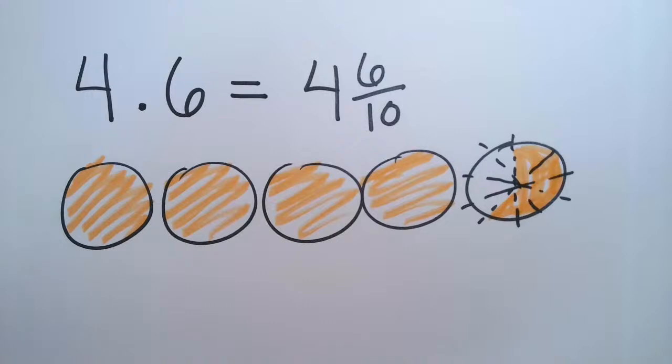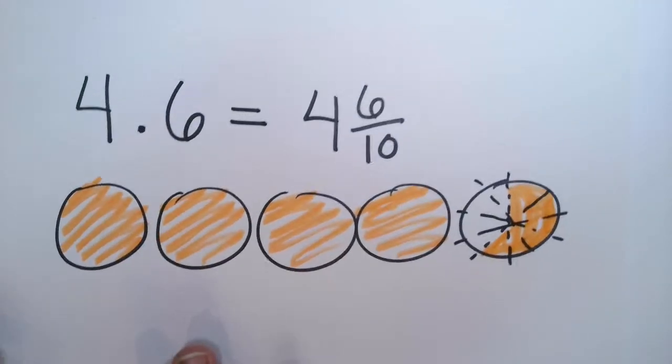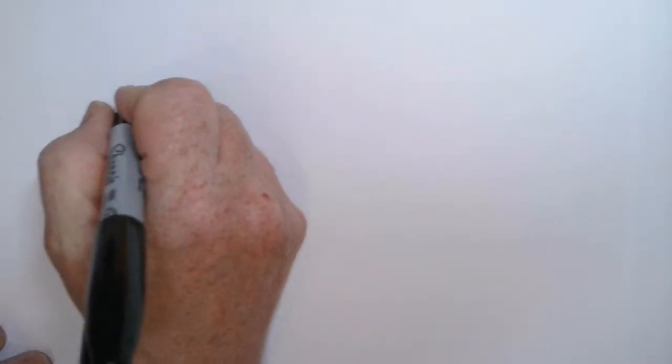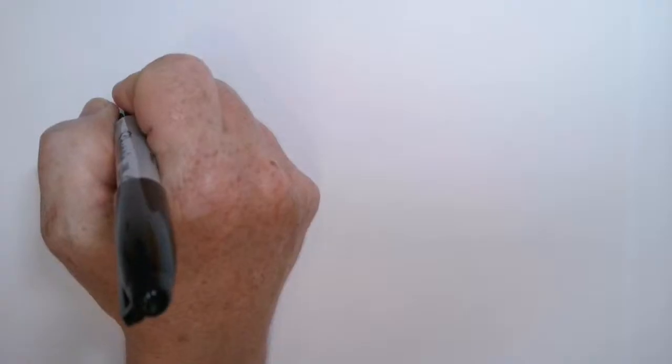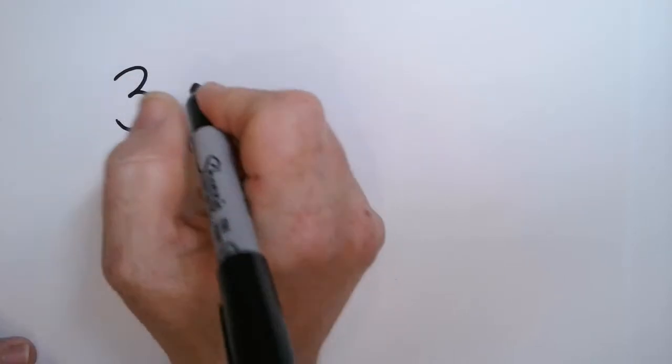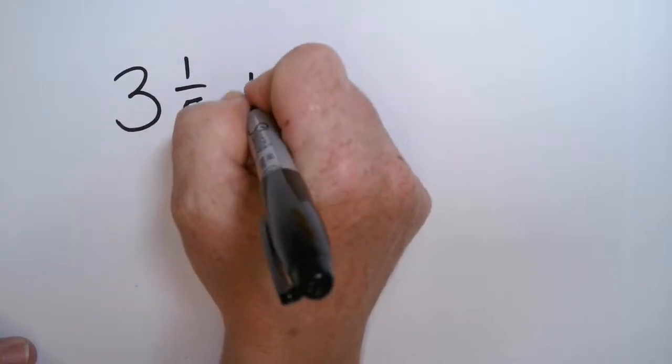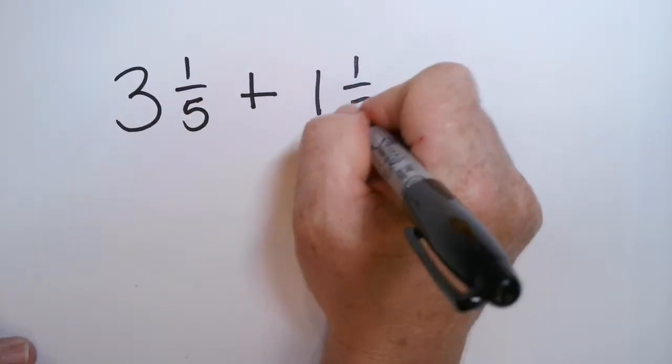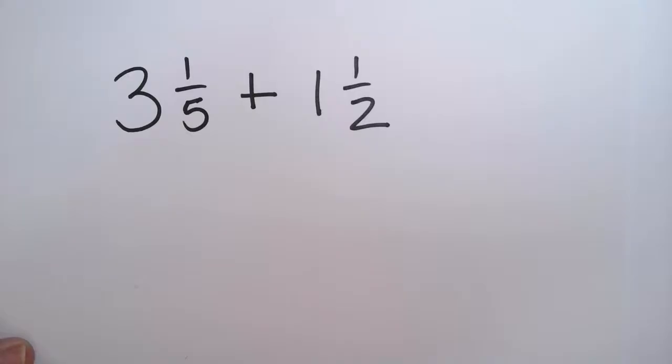Okay, good. Excellent. Now, when we talk about decimals, a lot of times what we're doing is we're taking fraction numbers and making them easier to work with. For example, if I said 3 and a 5th plus 1 1/2, you remember from fractions, yeah, everybody just say yuck, right?